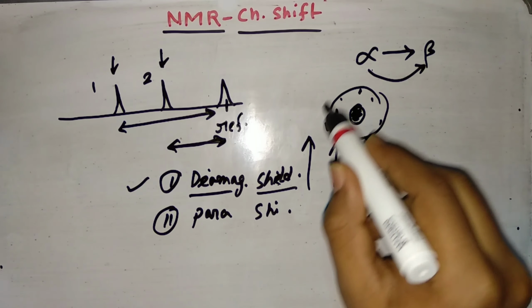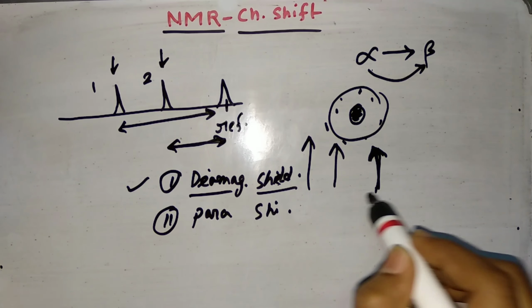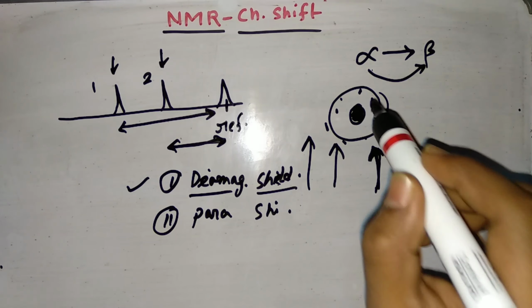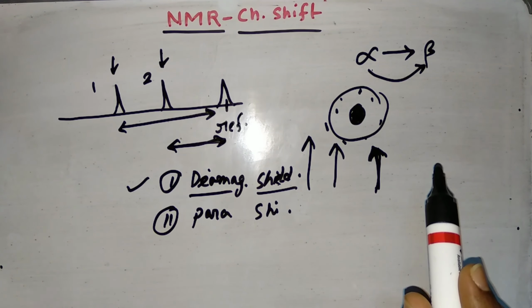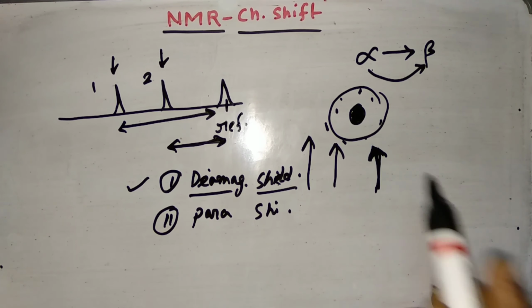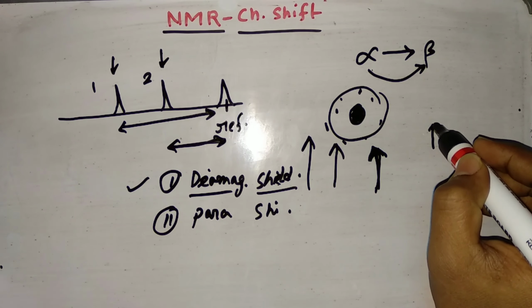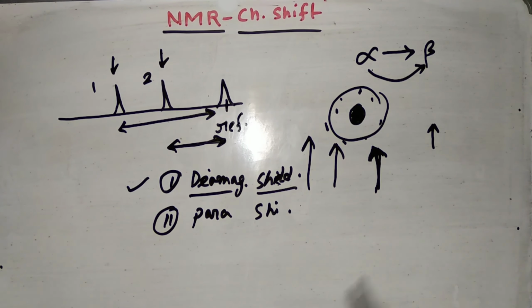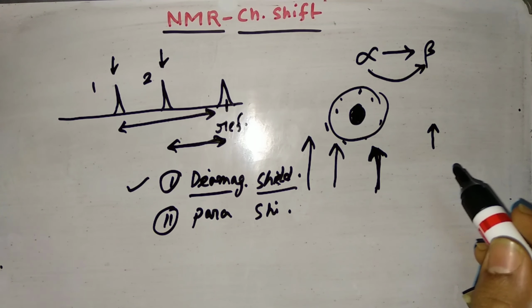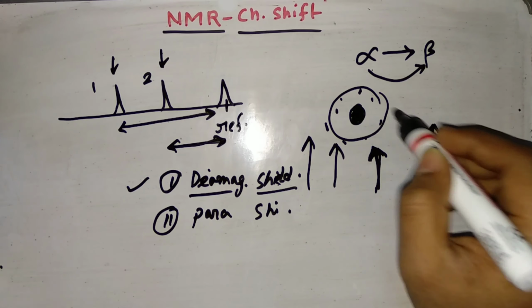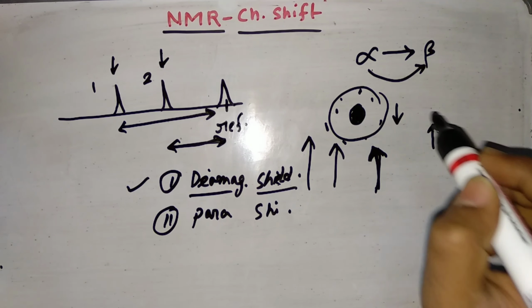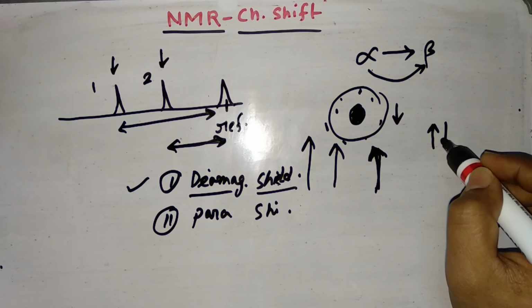These electrons oppose the externally applied magnetic field. So here, say the externally applied magnetic field is in this direction, and as the electrons are opposing, the electrons' field will be in the opposite direction.